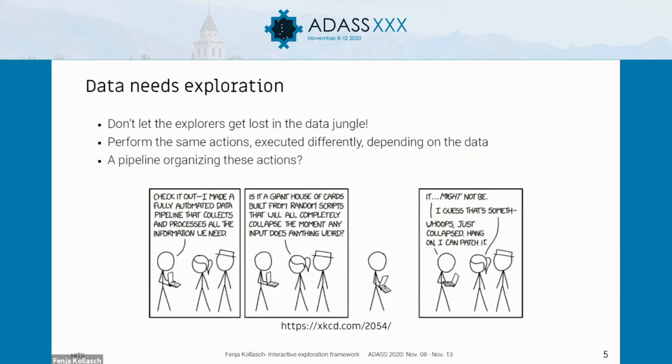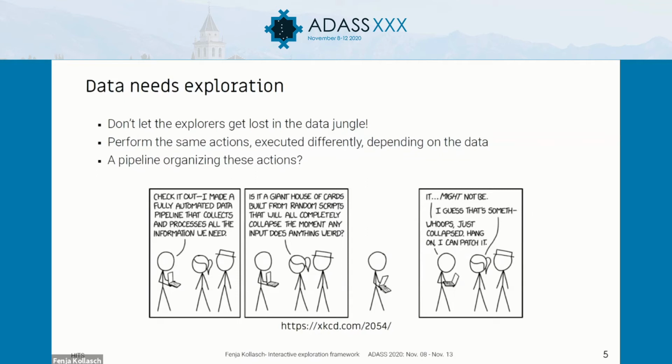But while they explore, they're basically performing the same actions. Usually you are browsing, scrolling through data, looking for something, filtering. You are doing different tasks for sure, and they have to be realized in different ways, but they are more or less the same tasks. And this is where software engineers are always like, nice, let's make a pipeline to organize these actions.